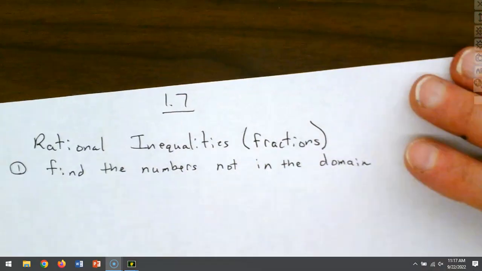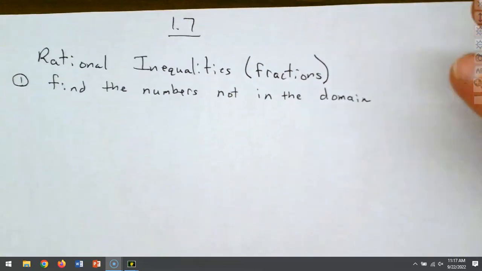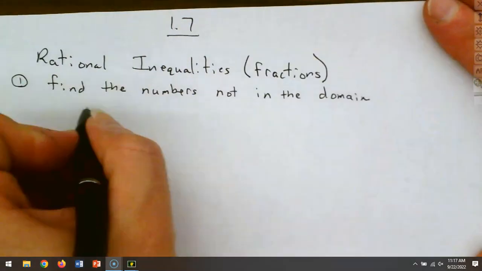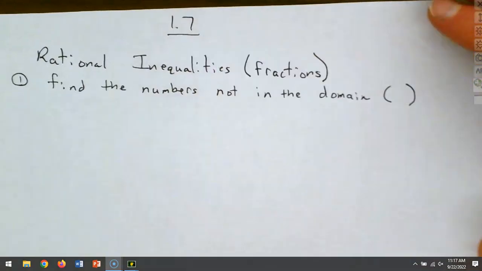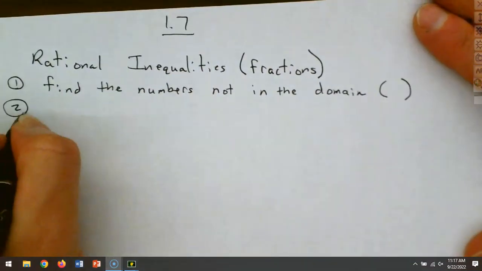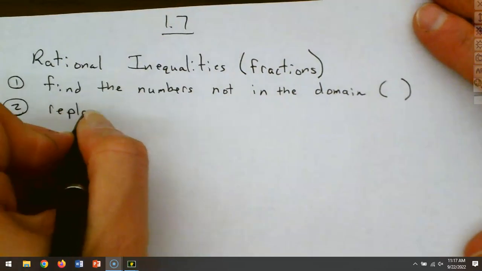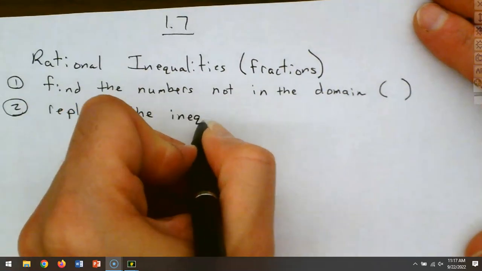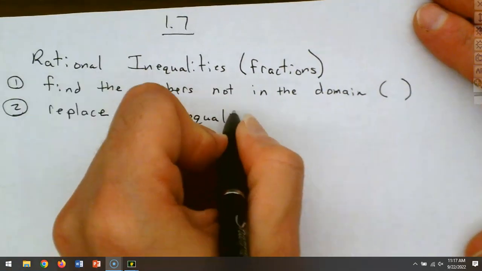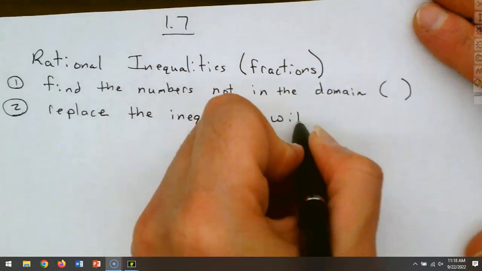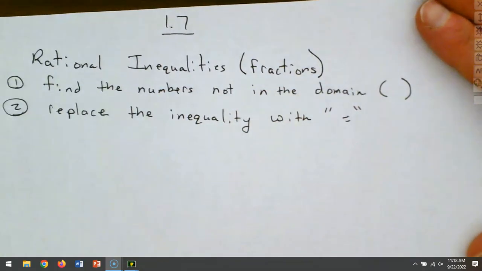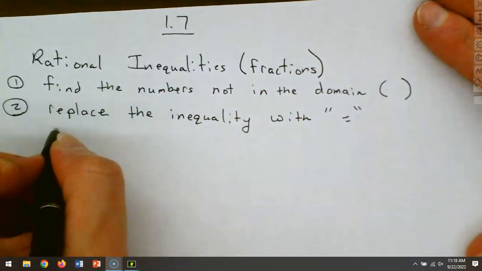Remember, we did a lot of these in 1.6, where you had to find the numbers that wouldn't work. After you've done that, these are always going to get parentheses. Step number 2 is you replace the inequality with an equal sign, and you solve.